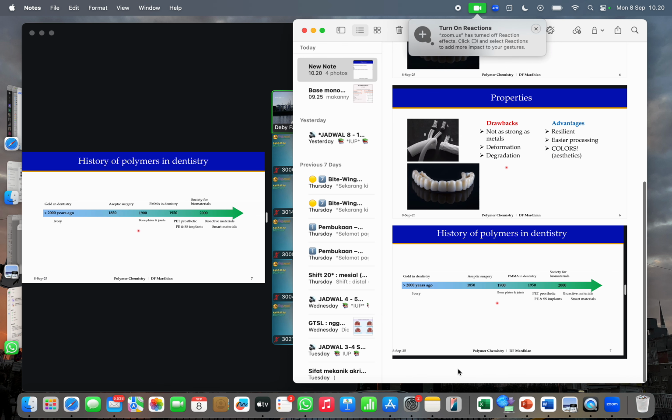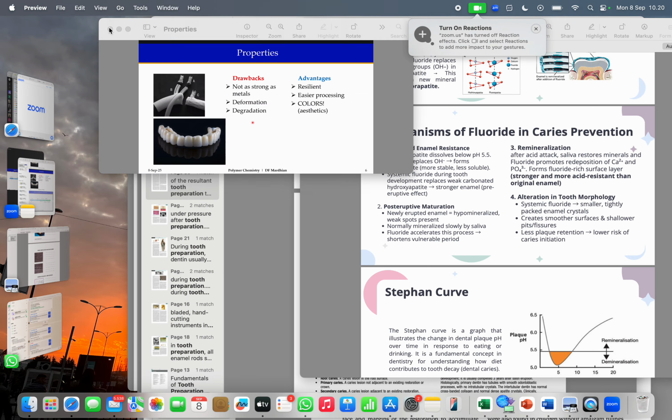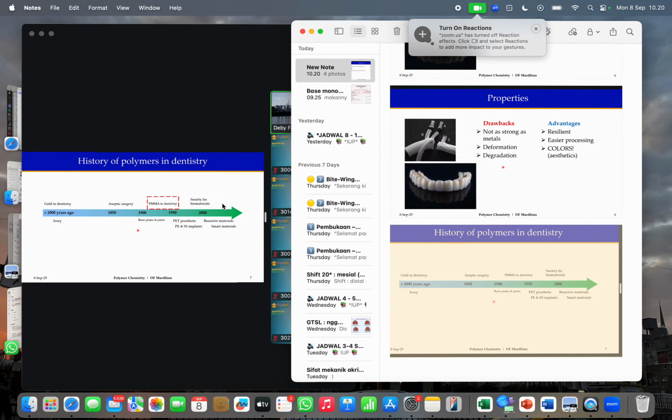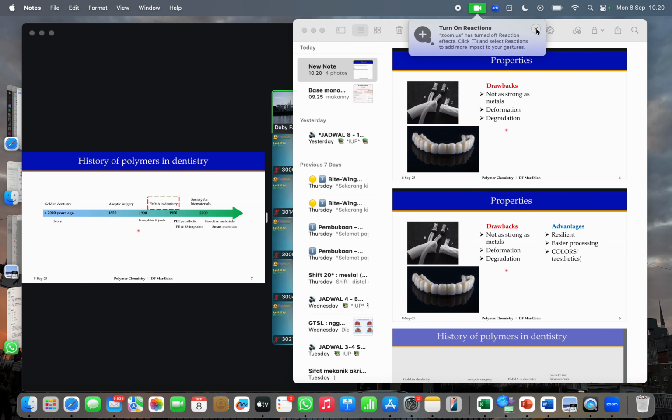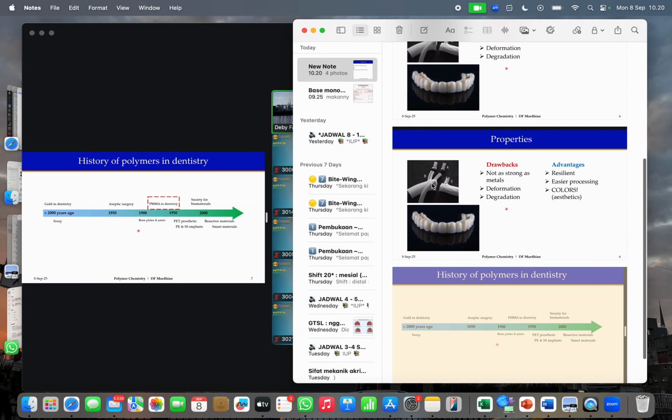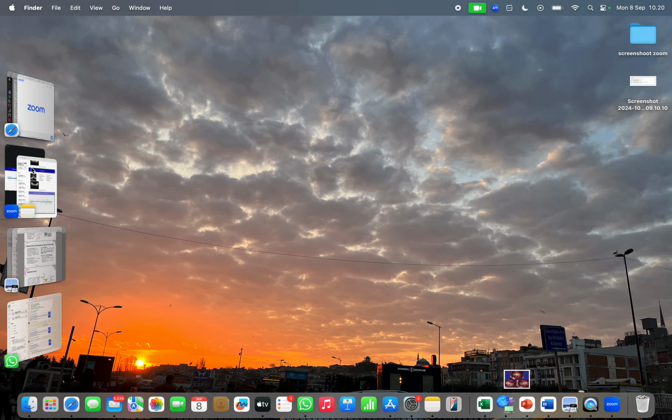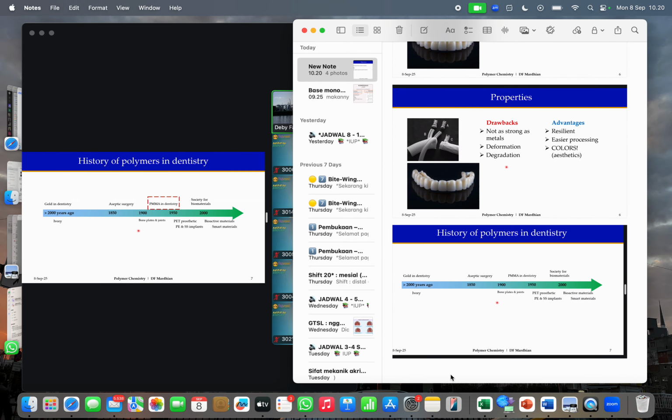And then the first polymer in dentistry was PMMA, or polymethyl methacrylate, introduced in the first half of the 20th century. I think it was around 1940.